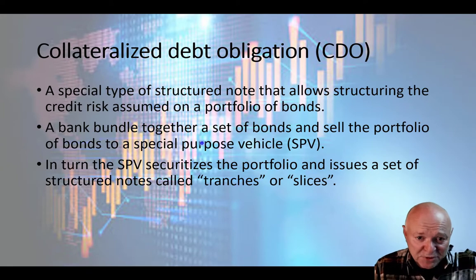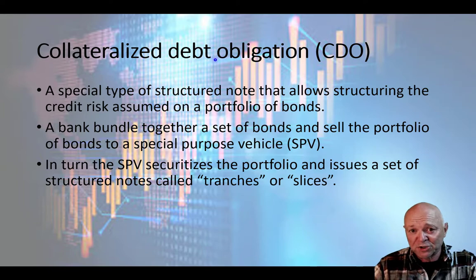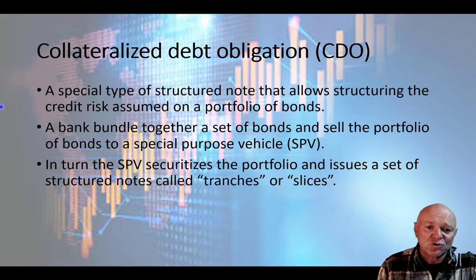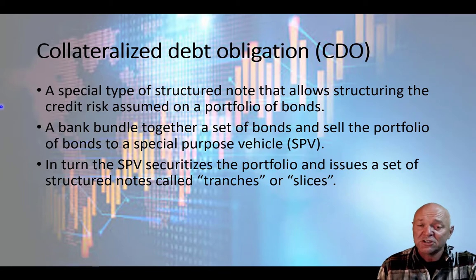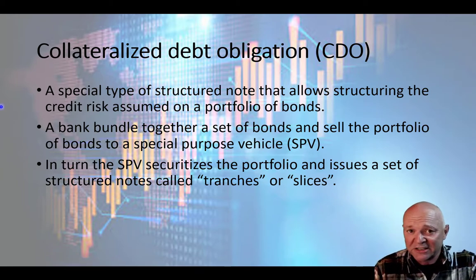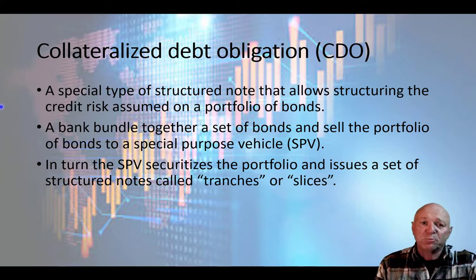Now, another type of specialized structured instrument is a collateralized debt obligation, sometimes called a collateralized bond obligation, a CDO or a CBO. And this is a type of structured note that allows structuring the credit risk that you would assume with a portfolio of bonds. Essentially what happens is a bank will take all of these debt obligations, just a fancy way of saying bonds, and bundle them together into a special purpose vehicle.